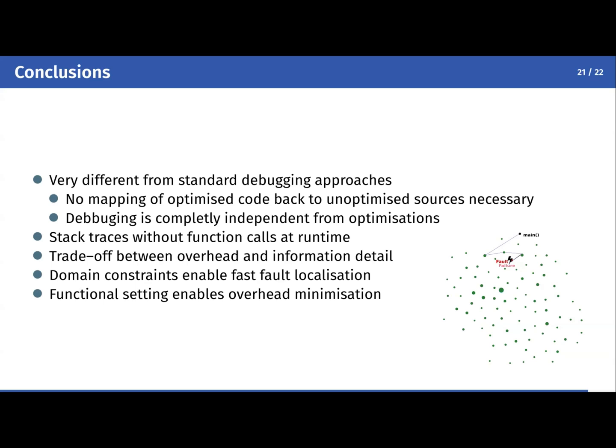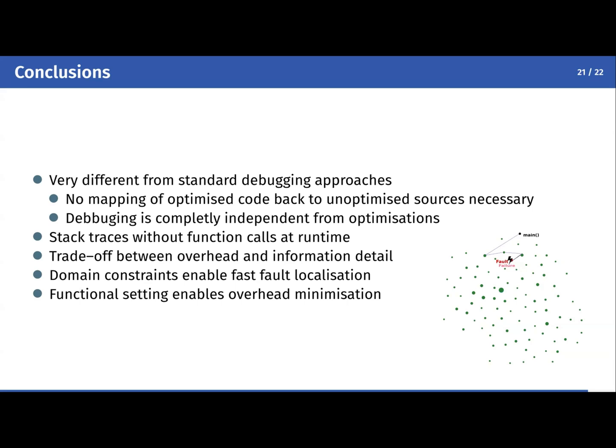But here we try to encode all this information in the program itself, which then very nicely maps to the hardware itself, but we can still maintain all this nice information. And it's a much simpler approach as well. You can get a nice stack trace without even having the functions runtime to debug.